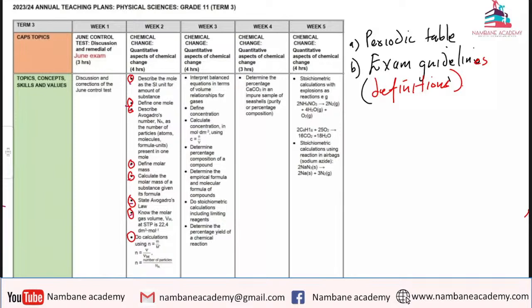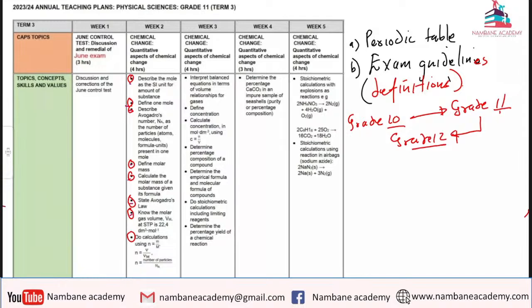So without wasting any time, ladies and gentlemen, just ensure you have a periodic table closer to you. We'll start moving from the basics of grade 10 and now to grade 11 and feed you with a strategy maybe of grade 12, because this topic is very, very important as it overlaps from grade 10 to grade 12.